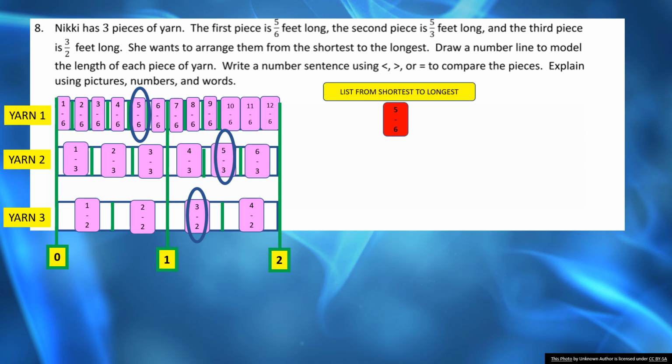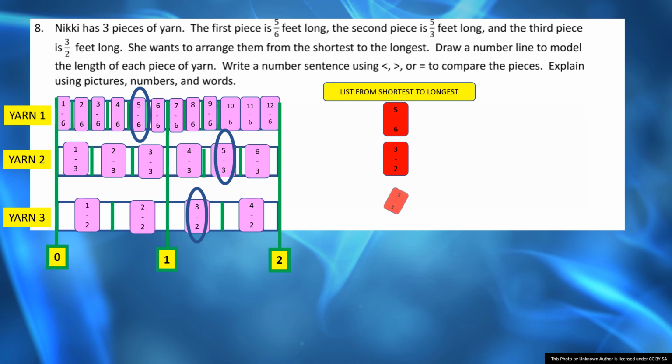Okay, what fraction would be next? Now that 5/6 is out of the way, which fraction is closest to 0 now? If you said 3/2, you're absolutely correct. Perfect. 3/2.